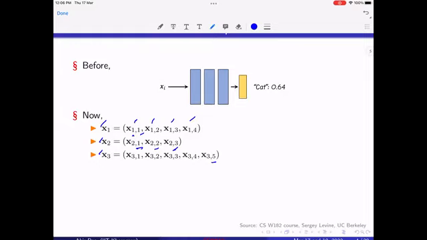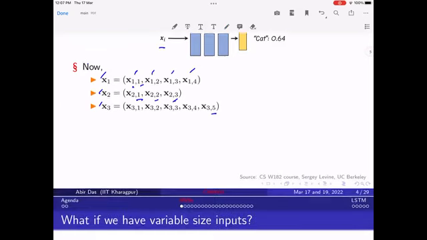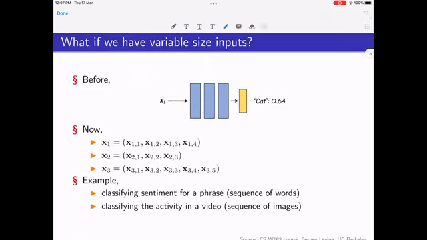Suppose you have such an input, not just xi. What is some example of this? One very typical example is classifying sentiment for a phrase. The input can be a sequence of words.